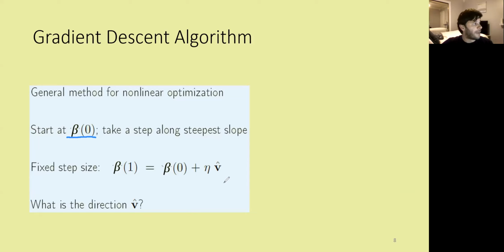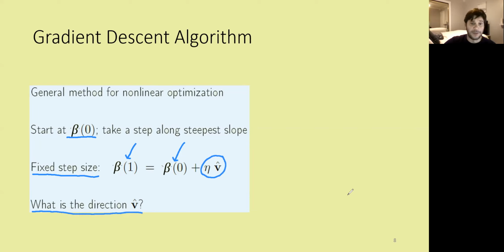Then we update our guess by taking a step: the new guess is the old guess plus some direction. In a prior segment, we talked about the direction V that we wanted to move in.